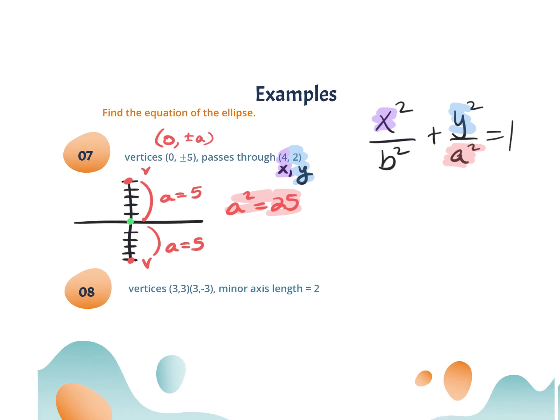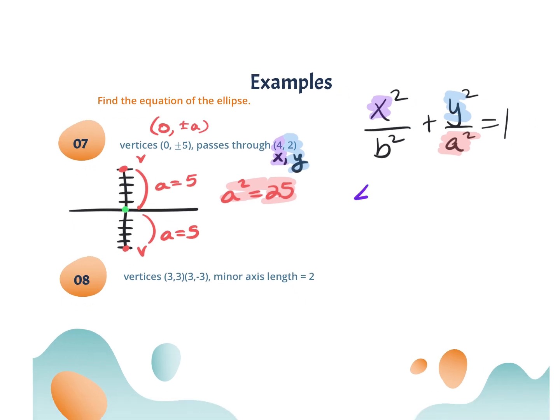So x is 4 from the ordered pair (4, 2), and I don't know b squared. y is 2, so I'm going to square 2. And then a squared was 25.